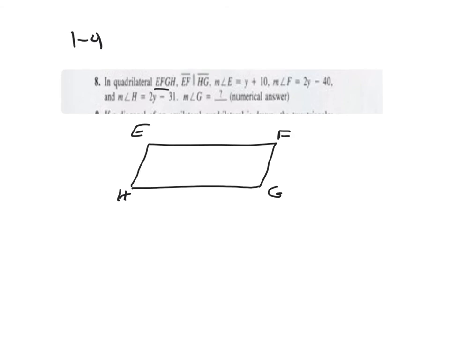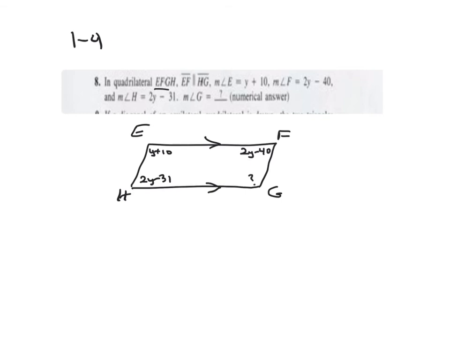Notice it's telling me that EF is parallel to HG. It's telling me the measure of angle E is y plus 10. The measure of angle F is 2y minus 40, angle H, 3y minus 31, and it wants me to find the measure of angle G.